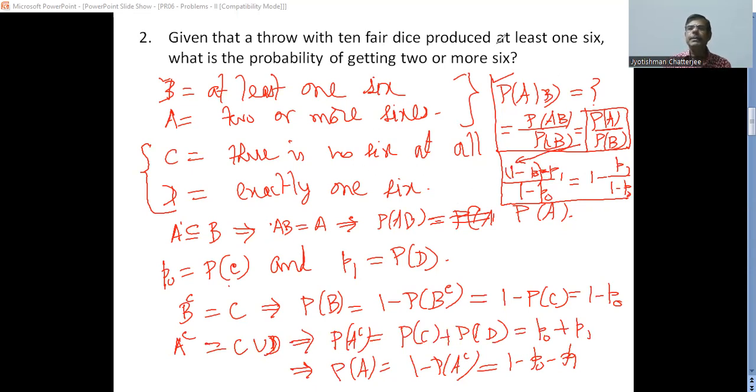Let me erase some part of this so that I get more space.